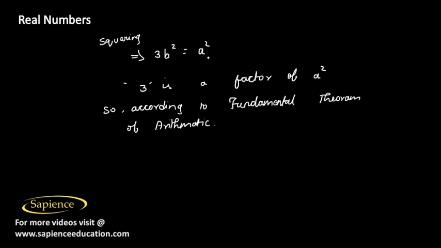Three into some b square is equal to a square, so we can conclude 3 is a factor of a, and also according to the fundamental theorem of arithmetic, 3 is a factor of a. So we can write a as 3c, 3 into some number.